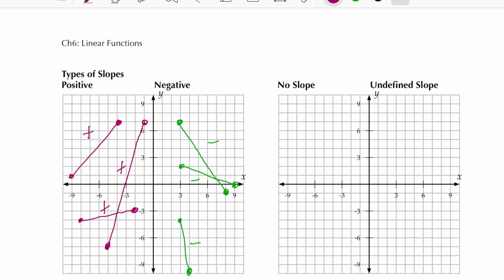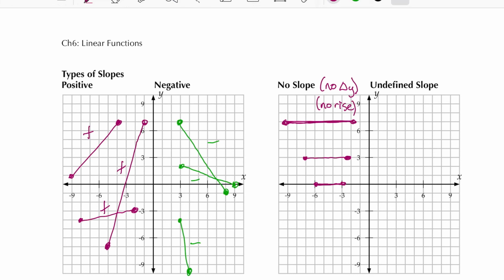No slope. No slope means it's not going up or down. No slope means no rise. So there's no delta y, or no rise. But what would an undefined slope look like?